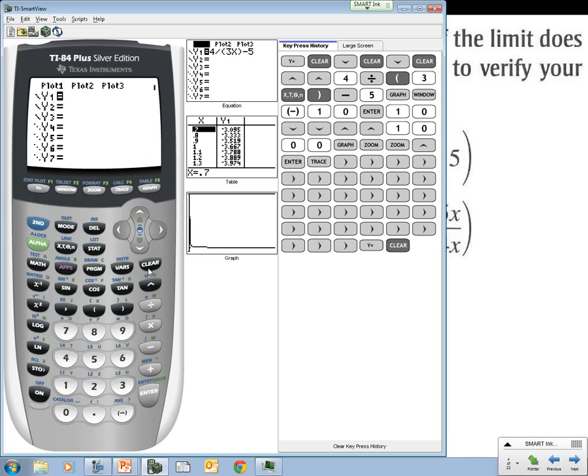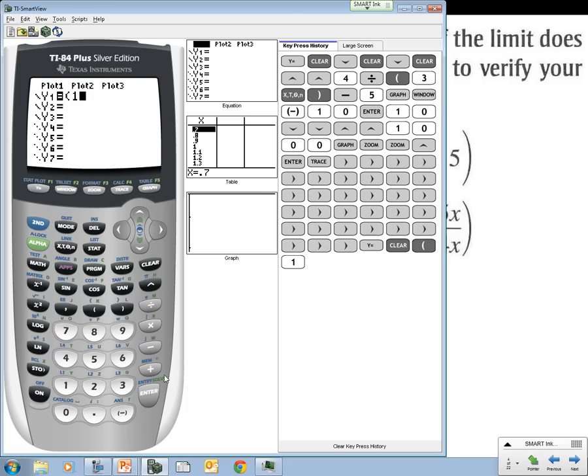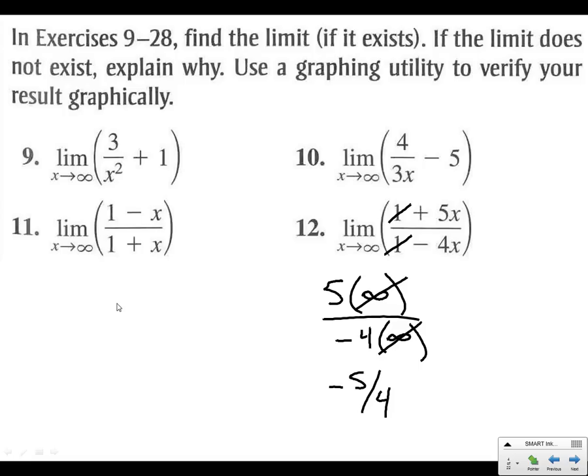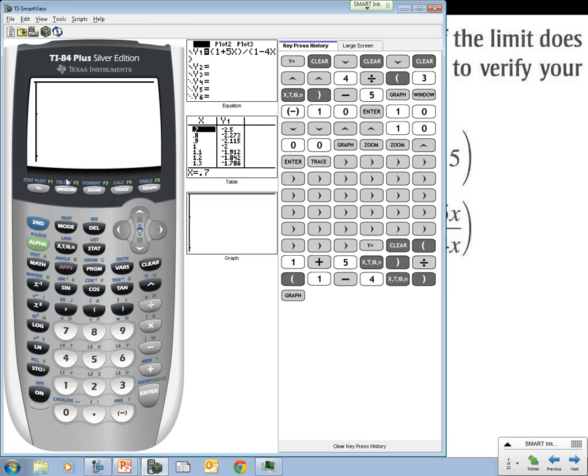Y equals, clear this off. And we've got 1 plus 5x in parentheses divided by 1 minus 4x. Let's go ahead and graph this. And we'll zoom fit here as soon as it's done to adjust our y values.